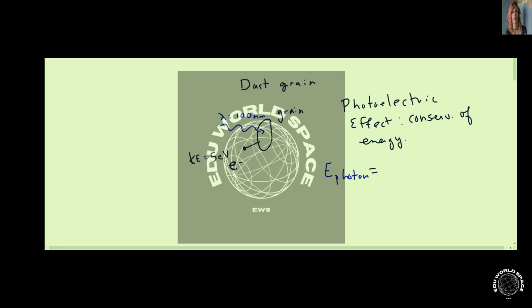It could just get totally absorbed and not do anything. Or if it does release electrons, it goes into the kinetic energy of the electron, but also into what's called the work function. And it depends what text you're using, but the work function can either be in volts or electron volts. Here I'll calculate it in electron volts.